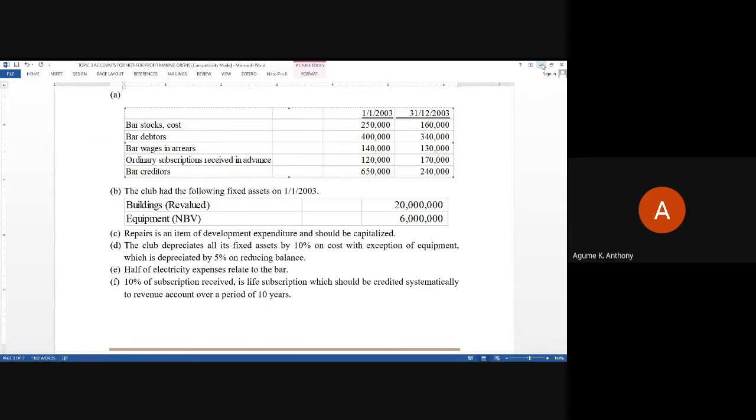If there are arrears, of course, it's a current liability. So this opening balance will appear on the credit side, and the closing balance will appear on the debit side.